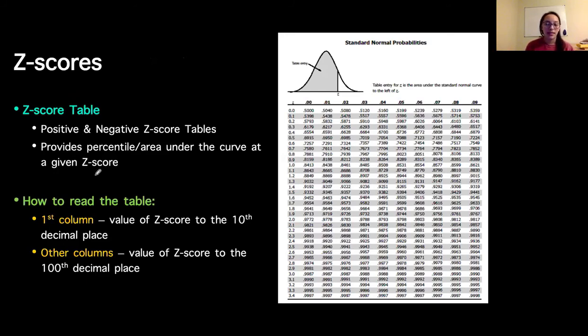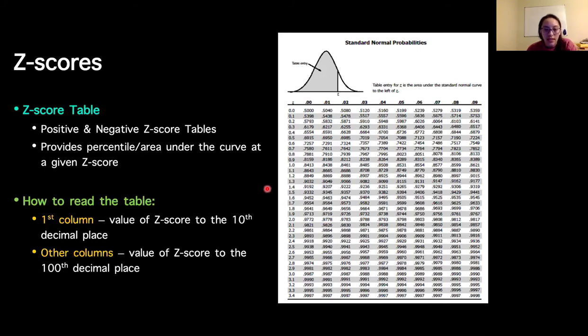Whatever that z value is, the first column represents the whole number plus the first decimal place. And all of these other columns going across the top are the 100th decimal place, if you will.